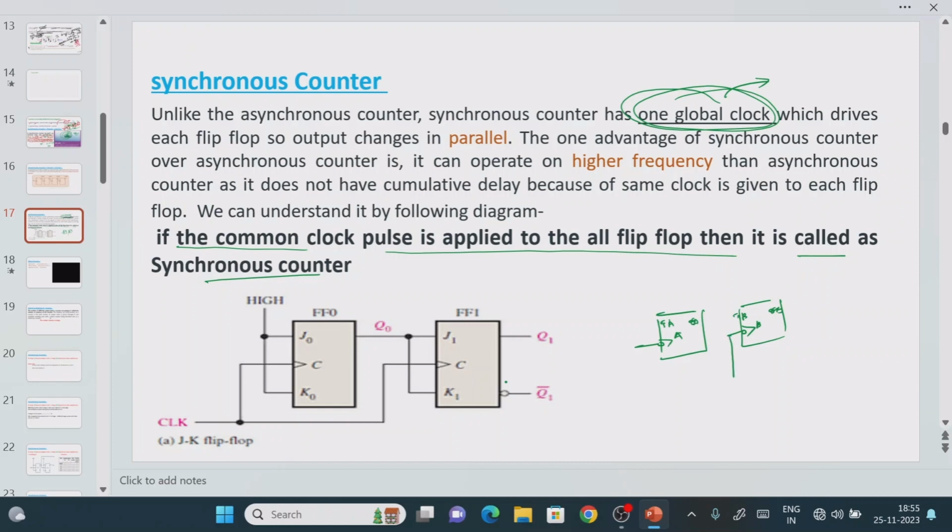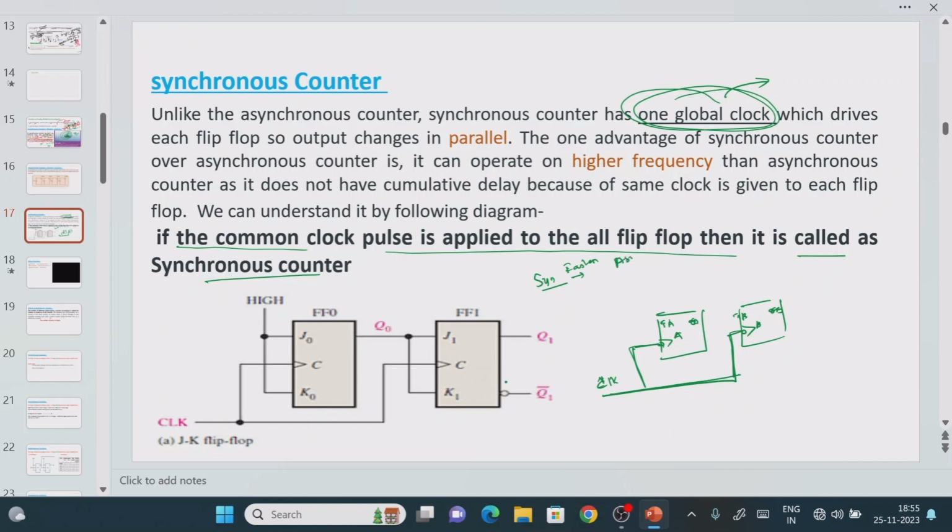We have this clock pulse, right? Now if all the clock pulses are commonly connected together, then it is called the synchronous counter. That's it. Now synchronous counters are much faster than asynchronous counters, right? How are synchronous counters much faster?